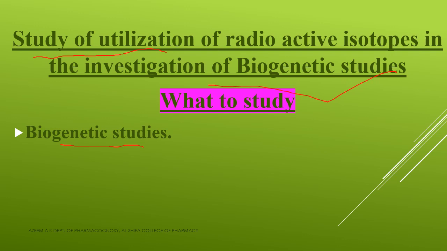In shikimic acid pathway, 3 different amino acids are biosynthesized, and they are tryptophan, tyrosine, phenylalanine, etc. So these are the 3 different amino acids that are biosynthesized in this pathway. Clear? So here in this section we are going to study how we understand these are the intermediates in that pathway. Studying about that is known as biogenetic studies.